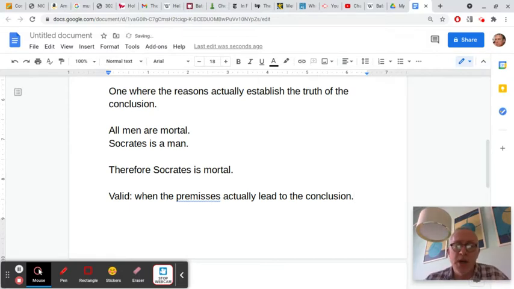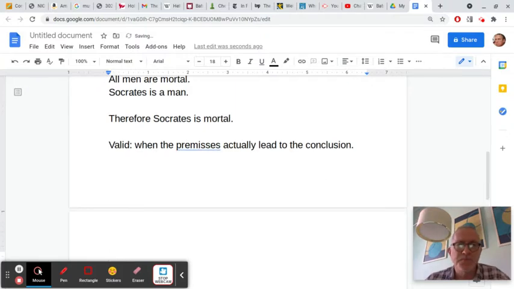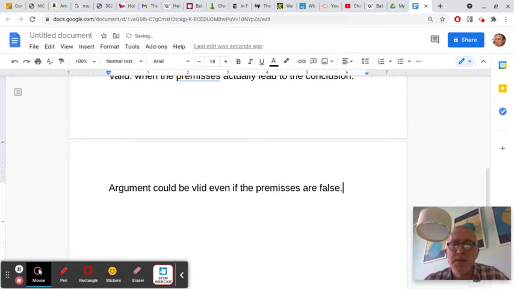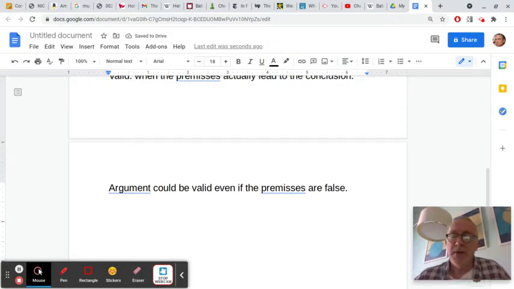But of course, an argument could be valid even if the premises are false. That is, false premises also have implications, right? So then there's another term that's used, which is sound.